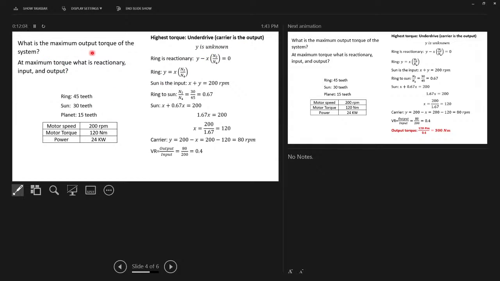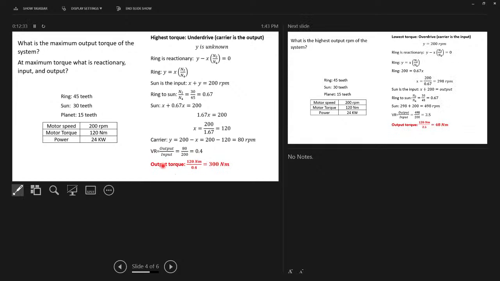Now we need to know what the output torque is, and this is where we use the velocity ratio. Remember, there's an inverse relationship between the input speed and the torque. So if this went from 200 to 80, this is going to step up the torque from 120 by the ratio of 0.4, which means the output torque is going to be 120 Newton meters divided by 0.4, the velocity ratio, and that's 300 Newton meters.